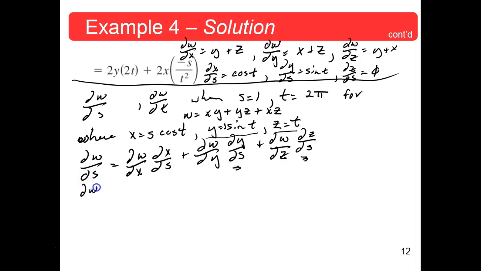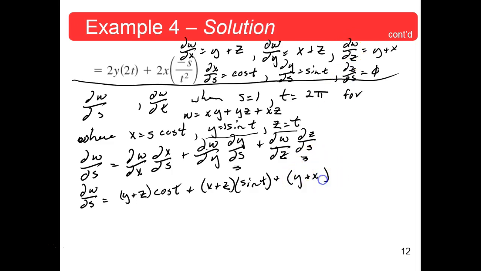This partial of W with respect to S would be the partial of W with respect to X, which is Y plus Z, times the cosine T, the partial of X with respect to S, plus the partial of W with respect to Y, which is X plus Z, times sine T, plus Y plus X, the partial of W with respect to Z, times 0.